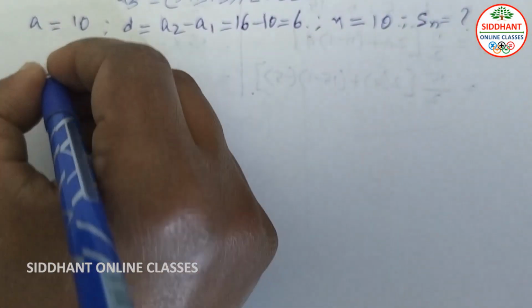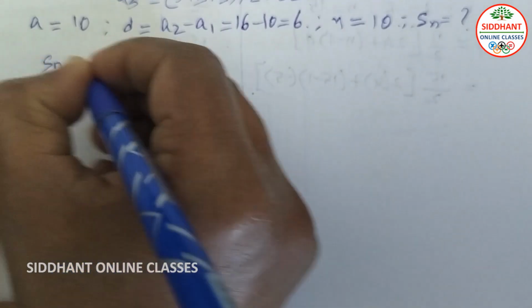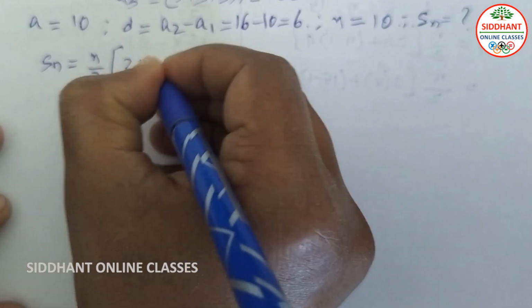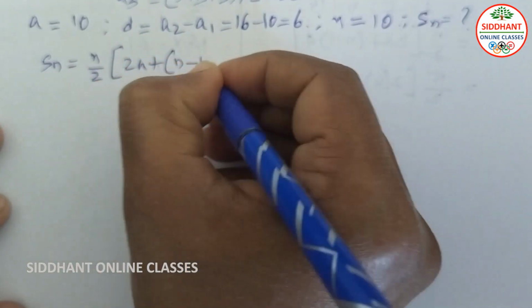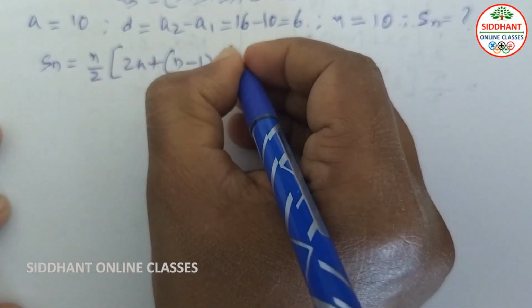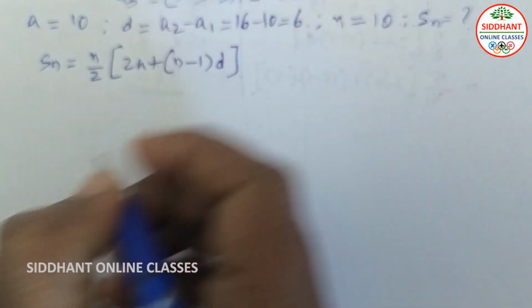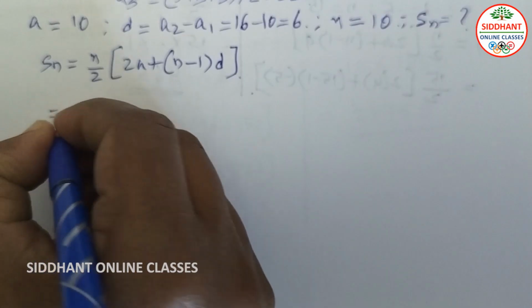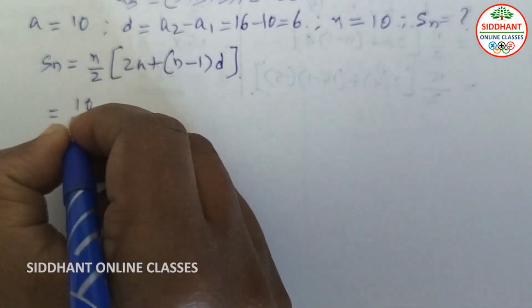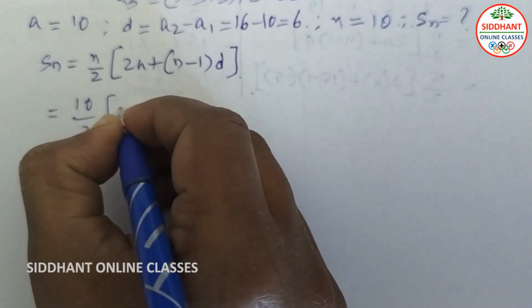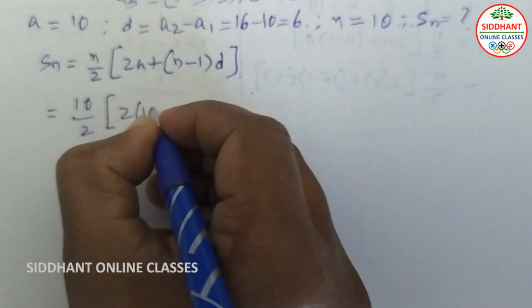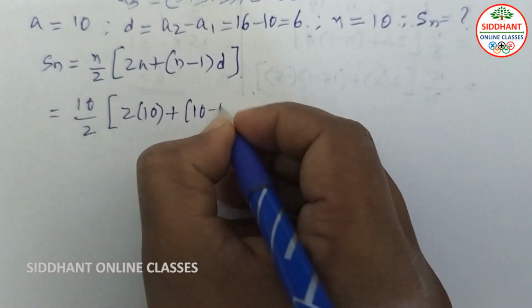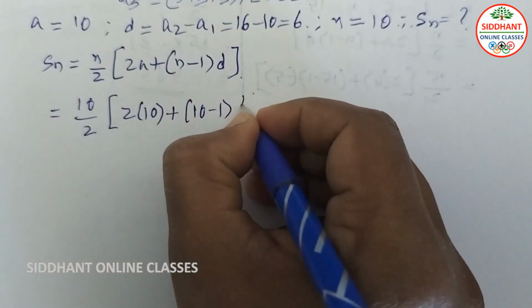So now we know Sn equal to n by 2 into (2a plus (n minus 1)d). So now for Sn, n is 10, so 10 by 2 into (2 into the first term 10, plus (10 minus 1) into d, which is 6).